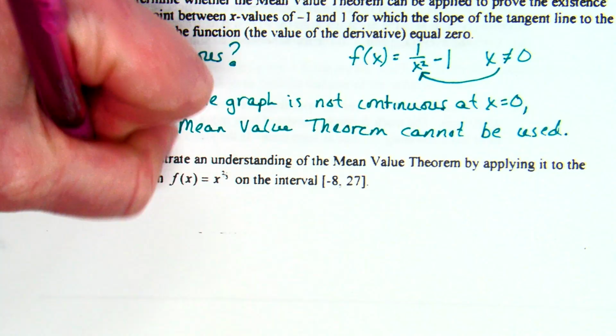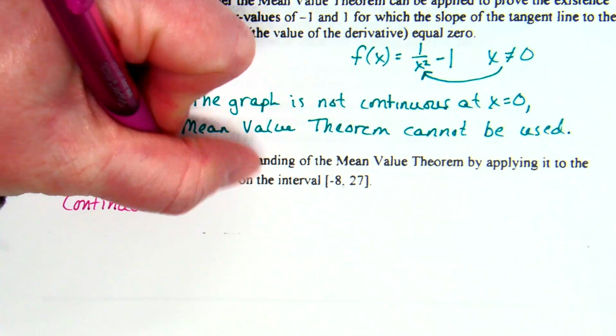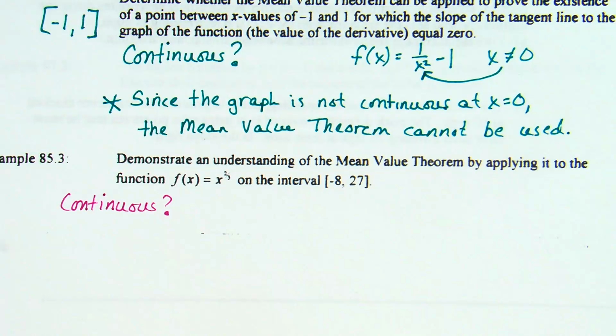And then we need to talk, is it differentiable? Thoughts here? I think it should be. I feel like it should. Part of like a sideways parabola, I feel like.